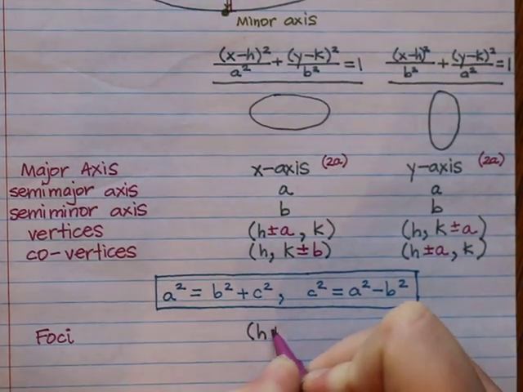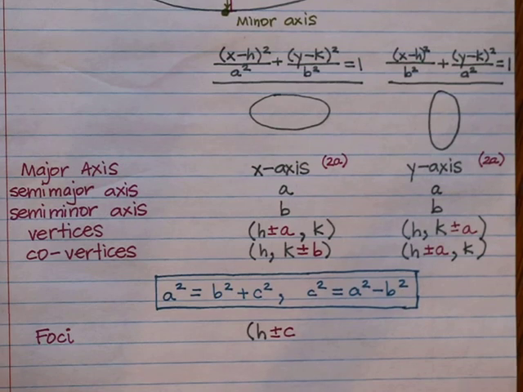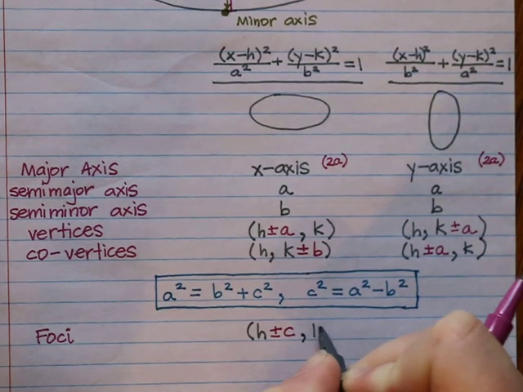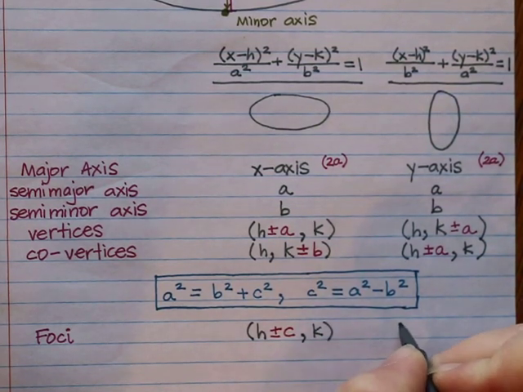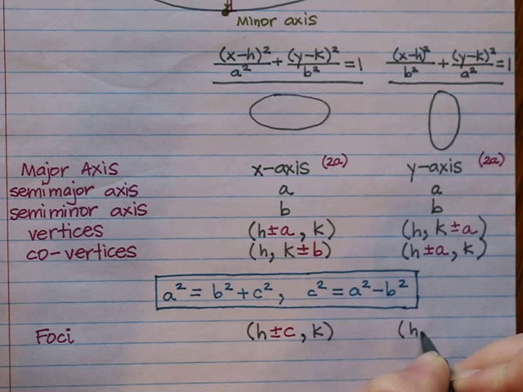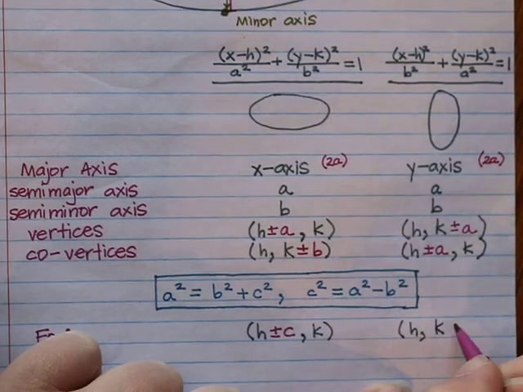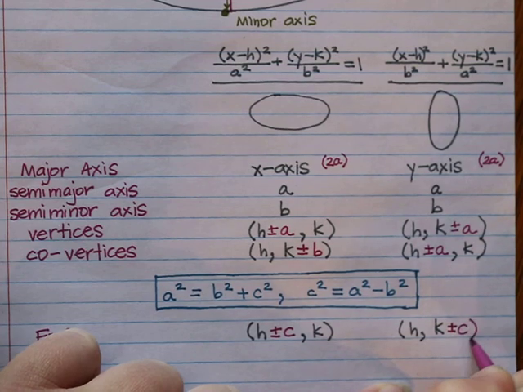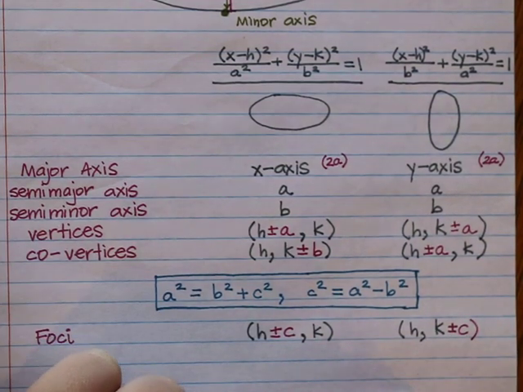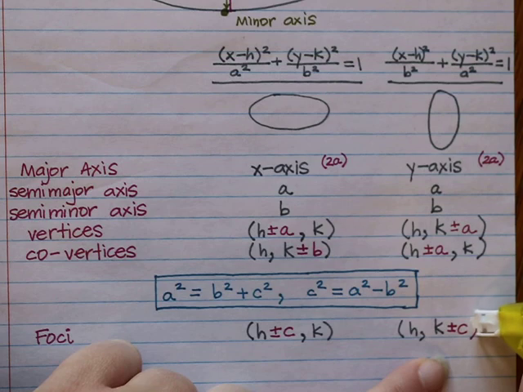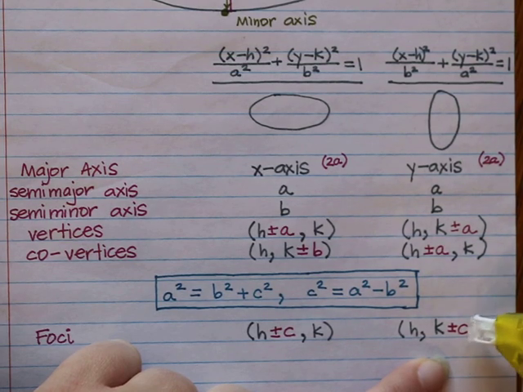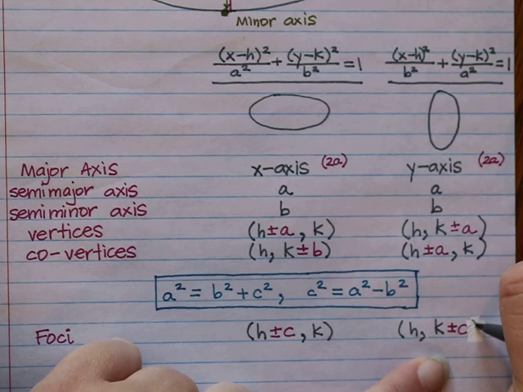So if we're moving horizontally, we're just going to do H plus or minus C, comma K. And then over here, we're going to do the same thing, but we're going to add our plus or minus C onto K. So lots of good things here.